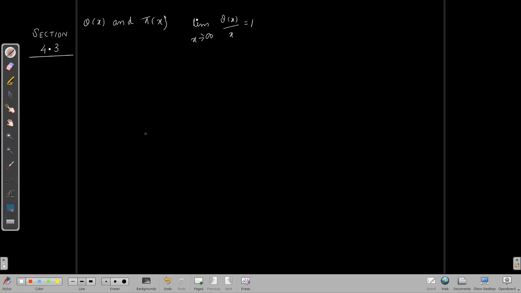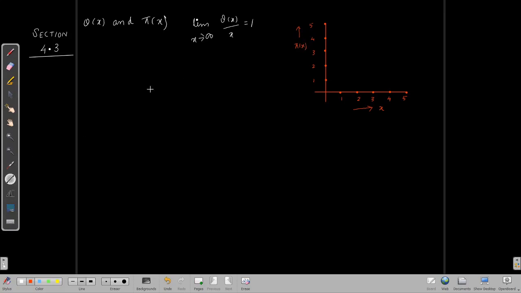That is, if we consider the graph of the step function, I'll take x this way and phi of x this way.